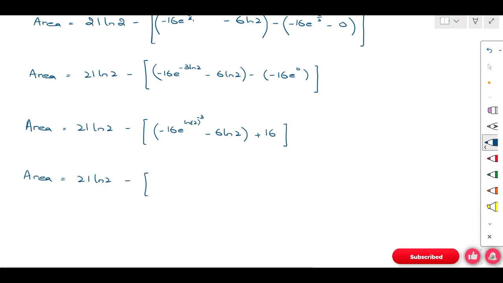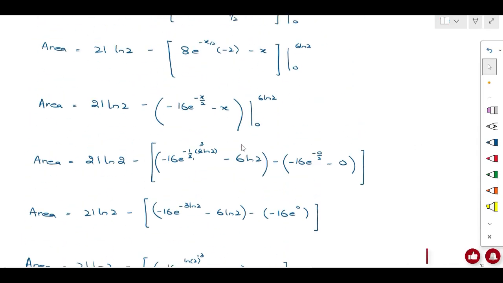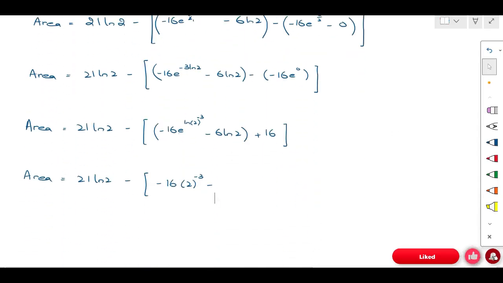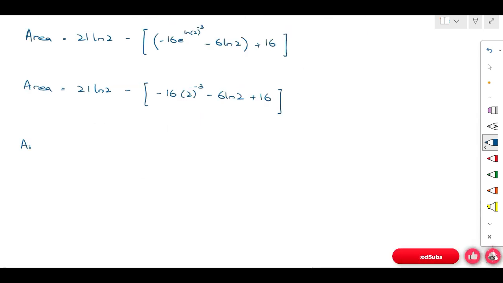Now e and natural log is just 1, we have negative 16, e natural log is 1, 2 to the power negative 3, negative 6 natural log of 2. Both are negative, which is 6 natural log of 2 positive 16. Simplify it further.